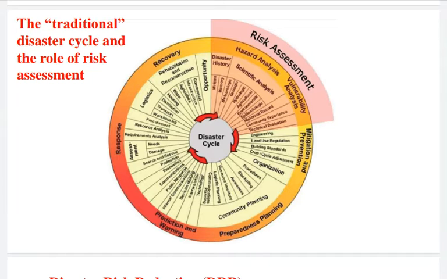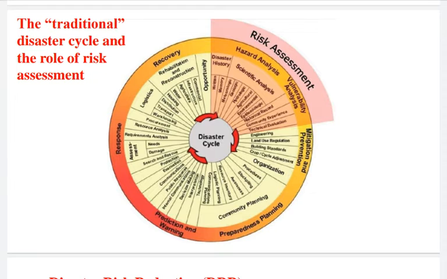So those things are again divided and explained in detail, like what details are included in hazard analysis, what details are included in vulnerability analysis, how we are going to mitigate and prevent, also how we are going to prepare and plan, also how we are going to predict and give early warning to the people around.